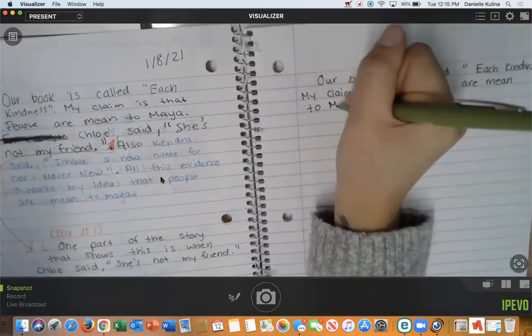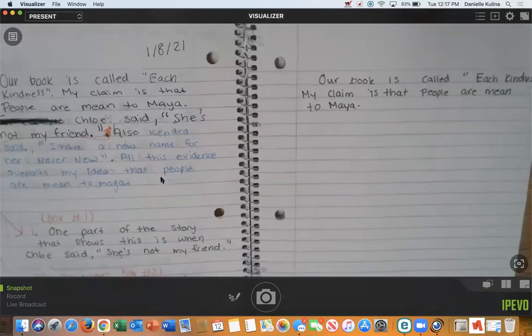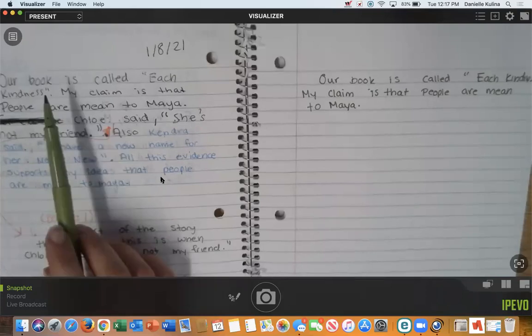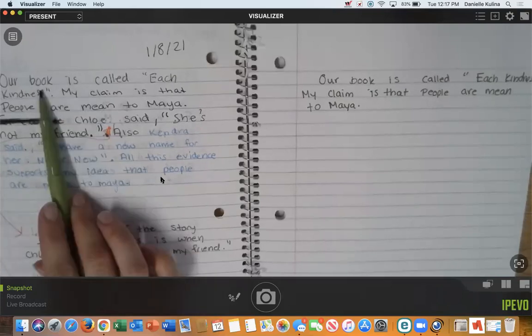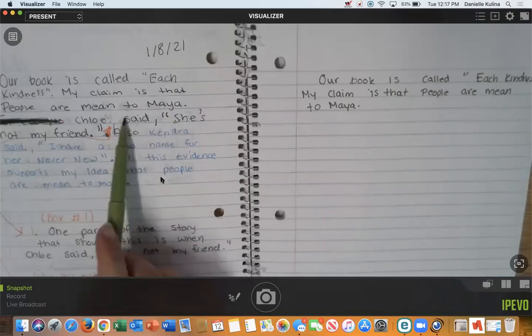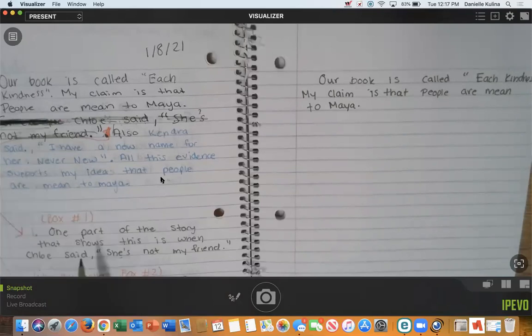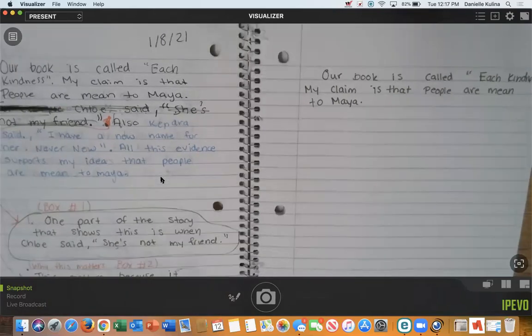All right, so far that stayed the same, right? Because if I look at my old paragraph, I have our book is called Each Kindness. My claim is that people are mean to Maya. But remember, I took this part away and I revamped it into this sentence. So I'm going to copy this sentence now.